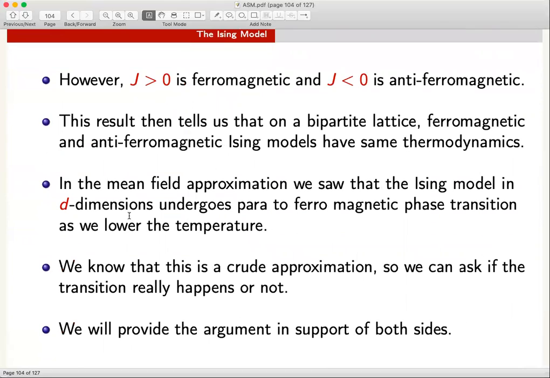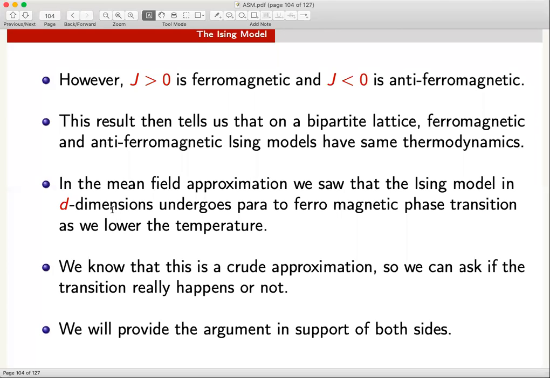Then we wanted to argue in favor of, as well as against, the phase transition, and see which argument really holds good. The reason is that we expect phase transitions from things we observe in natural phenomena, like the liquid-gas phase transition.